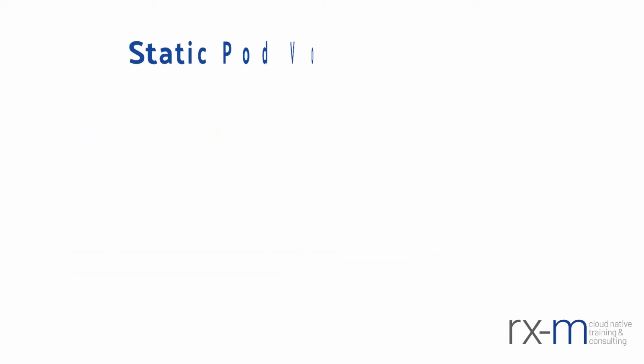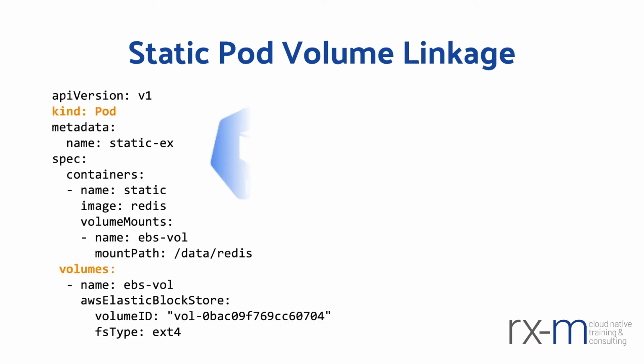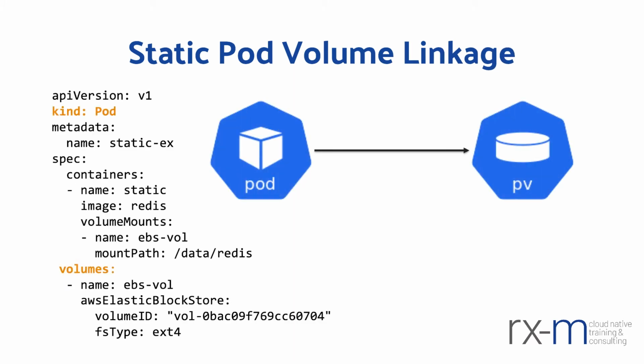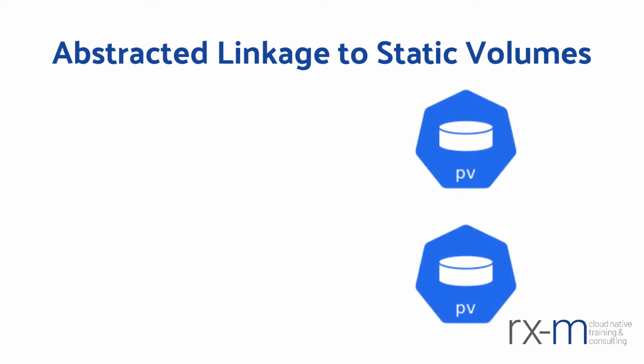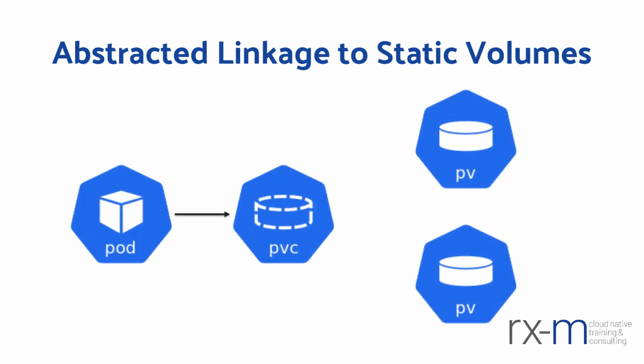One way to do that is to create a persistent volume and have it linked directly to a specific pod. A more flexible way is to build an abstraction. Have pods specify information about the kind of storage that they need.